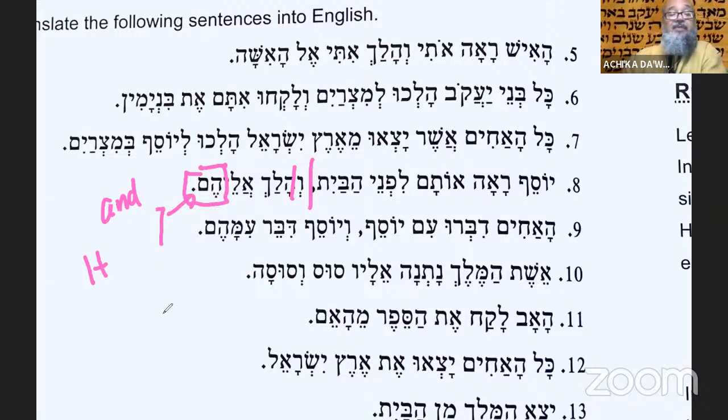So to them, okay, third person, masculine plural. So how you say it: Yosef saw them before the house, and he went elehem, he went to them, okay. So just puzzles, that's all. What's this first piece of the puzzle?